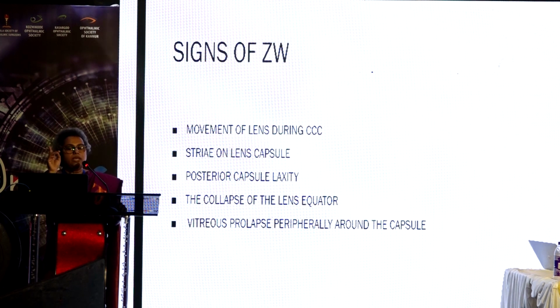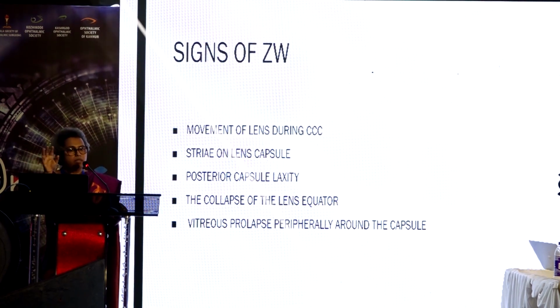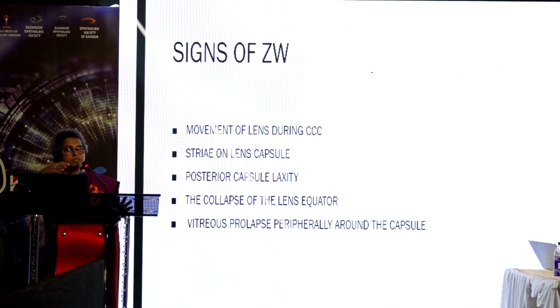Number one, you will notice a zonular weakness when you try to start the capsulorhexis, because the lens moves. Then, when you have punctured the anterior capsule and are trying to rotate into the CCC, you notice striae forming on the anterior capsule.